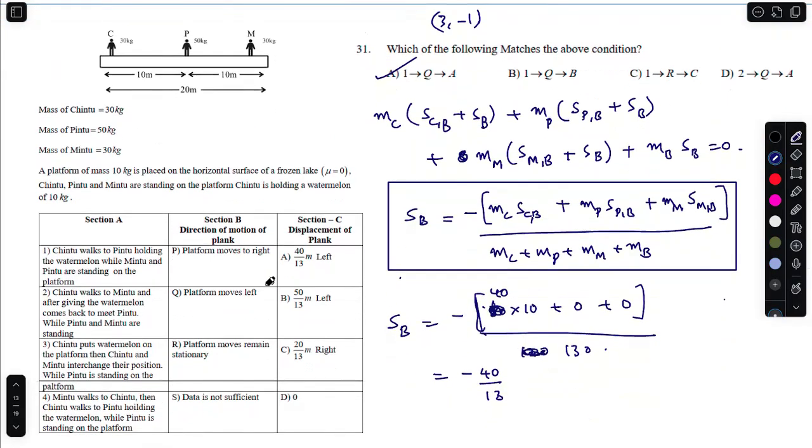So in this case, the platform moves left by an amount A. So 1QA, correct.